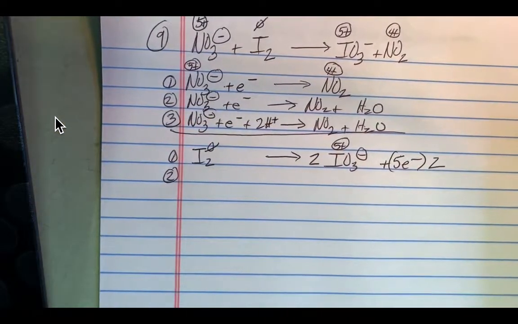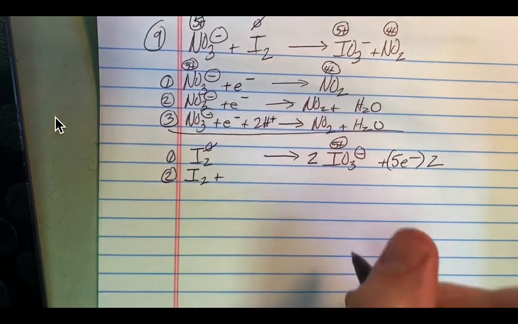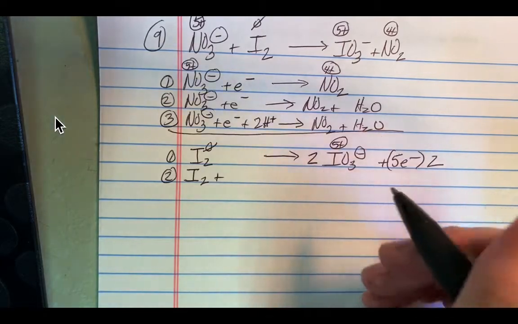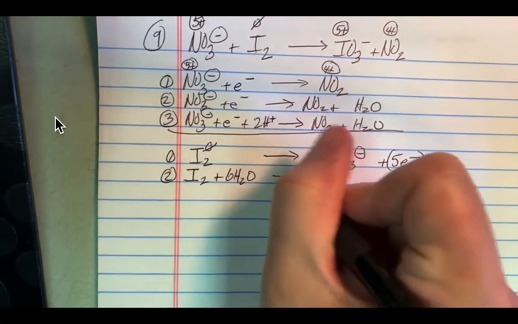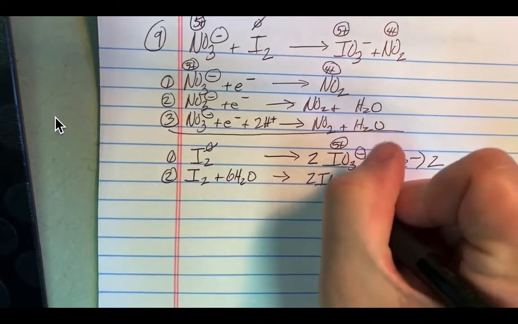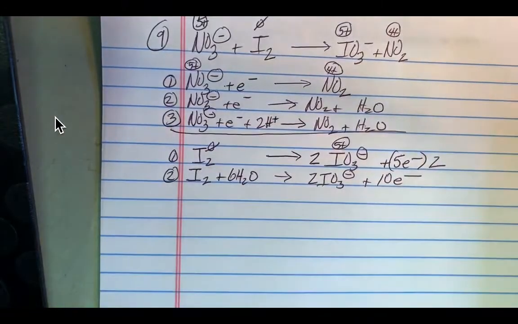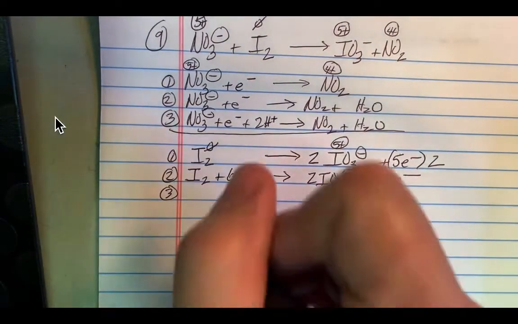Now we need to balance the number of oxygen atoms. So I2 plus, I have 2 times 3, I have 6 oxygen atoms, so I'm going to use 6 water molecules. And now I'm going to balance the hydrogens by adding just H pluses in.